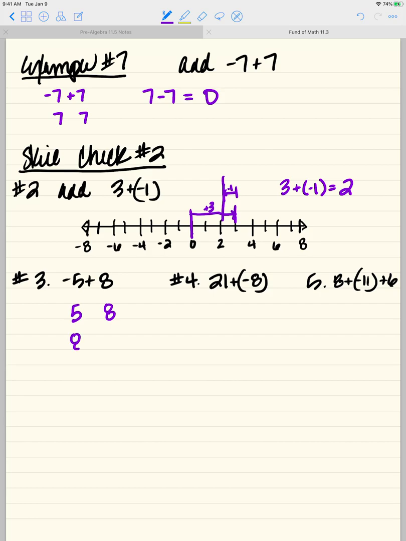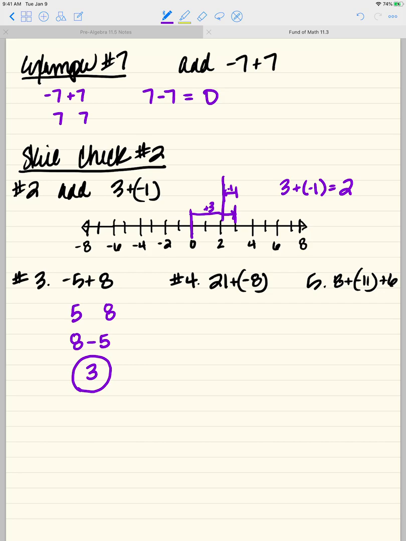So we do 8 minus 5. 8 minus 5 is 3. Look back at your original problem. You had -5 and 8. Which one had the higher absolute value? 8. 8 is positive in our original problem, which means our answer is positive. So the answer is 3. -5 plus 8 is 3.